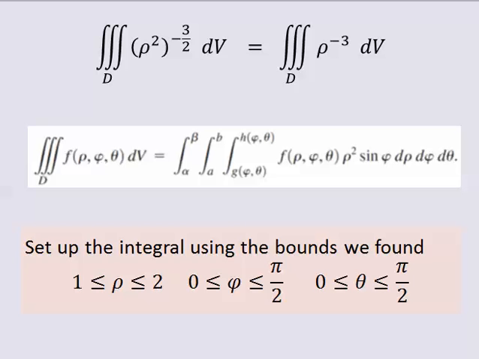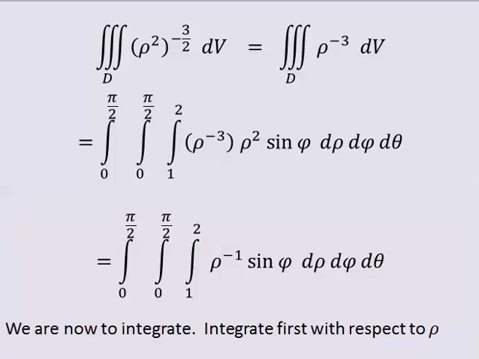For my next step, I need to remember that I have to add in this extra factor of rho squared and sine phi. So f is equal to rho to the negative 3. Put in these extra factors, put in your bounds, and you'll be all done. And here's what I get.